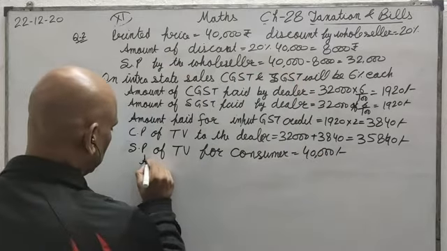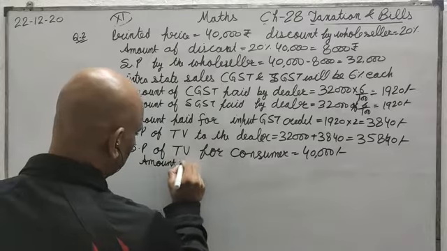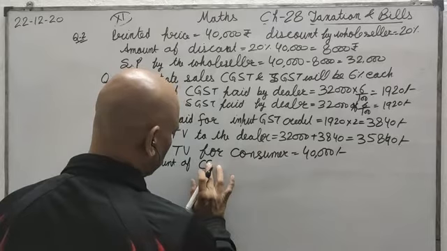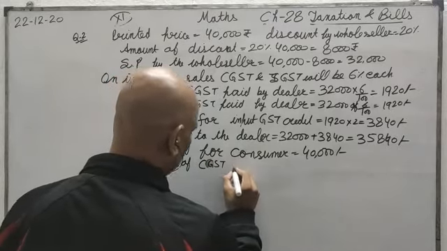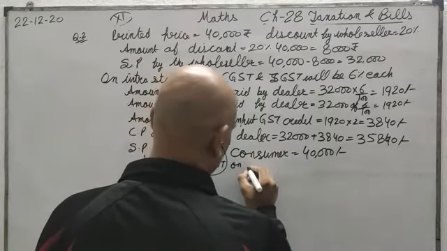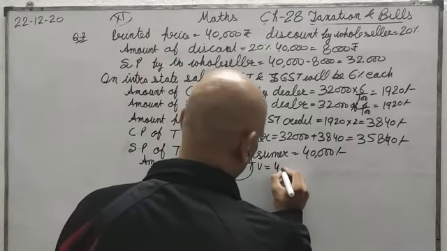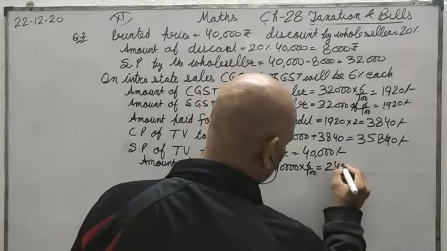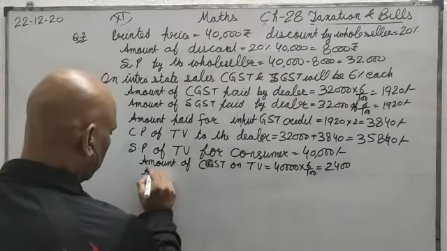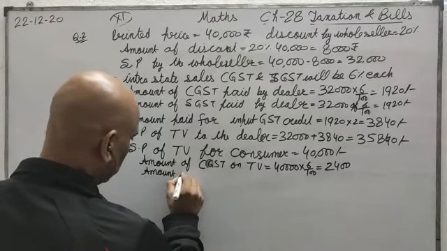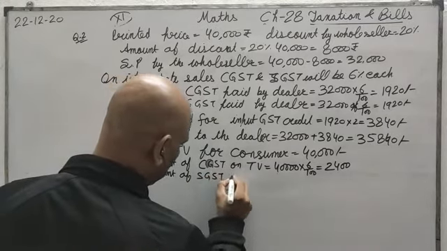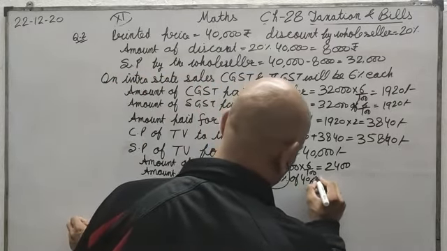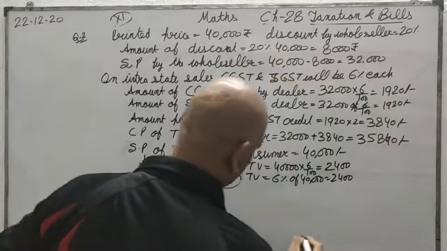Now amount of CGST on TV is equals to 40,000 का 6%, that is 2,400, and amount of SGST on TV is 6% of 40,000, that is 2,400.